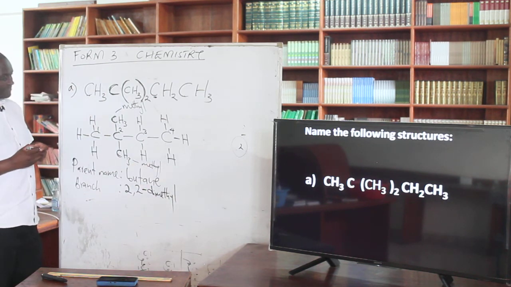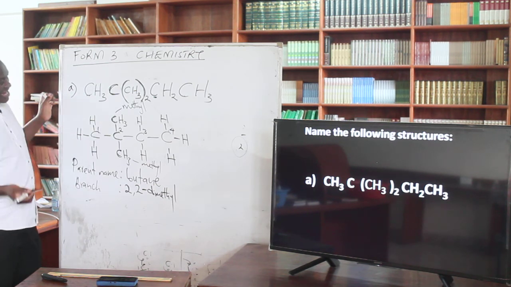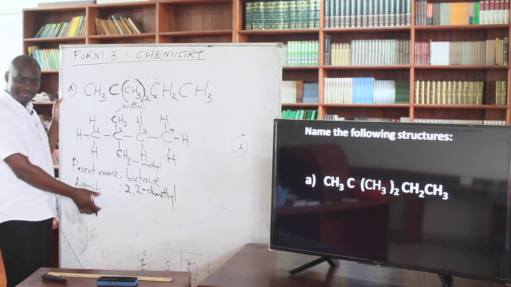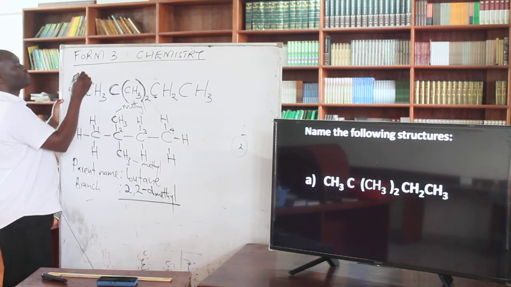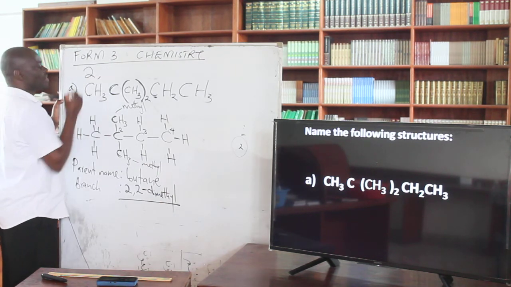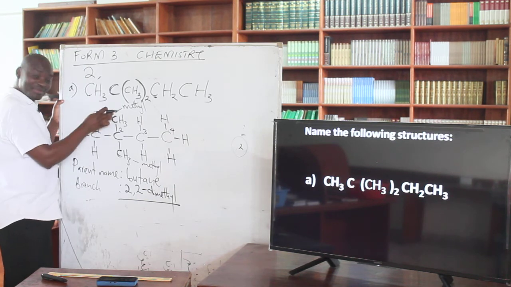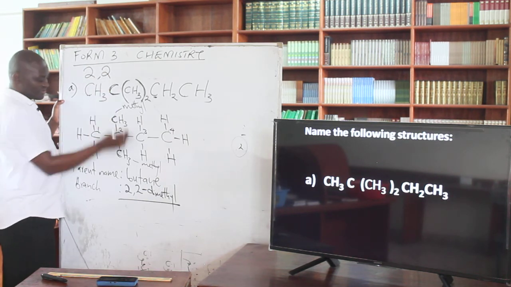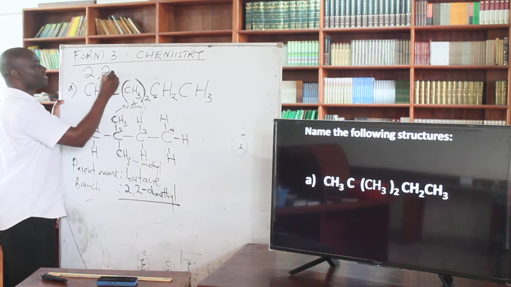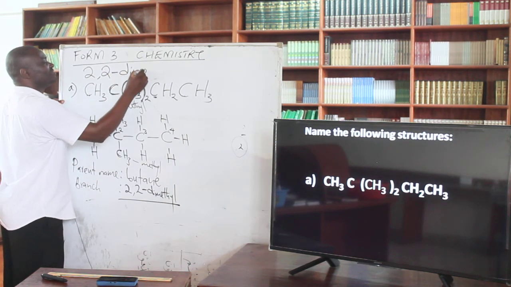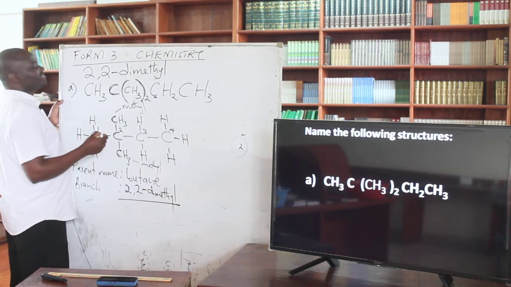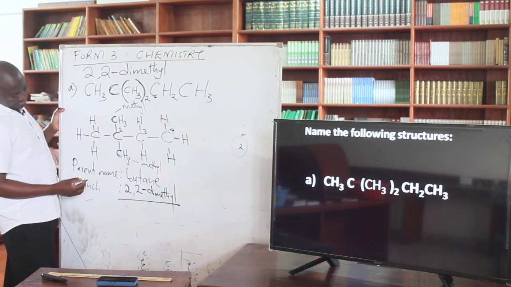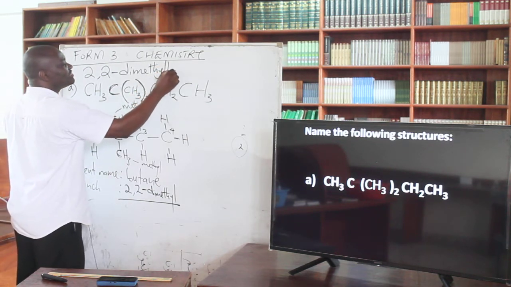So those are 2 parts. Now we combine the 2 names, the parent name and the branch. We start with the branch, which is 2, comma, 2, for the two methyls, then dimethyl, then butane.